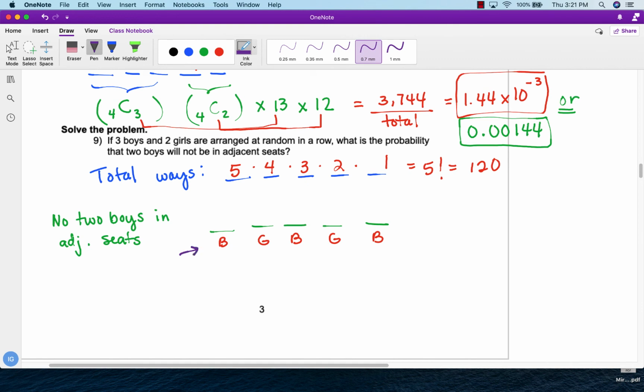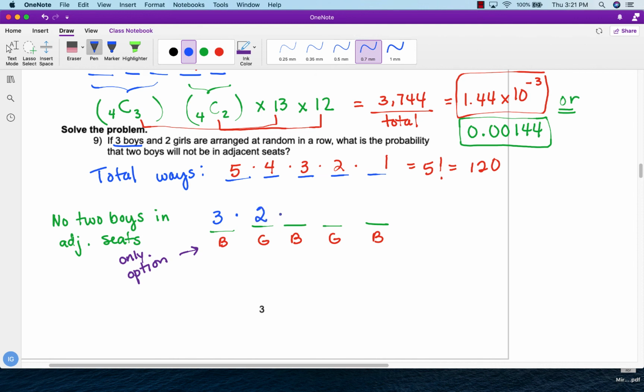So let's make a note here. Only option. We have no option. A girl has to be sitting between the boys, and that's it. Alright, so how many boys do we have as an option to sit on the first seat? The first seat has to be a boy. So we only have 3 boys. So 3 times how many options of girls we have here?